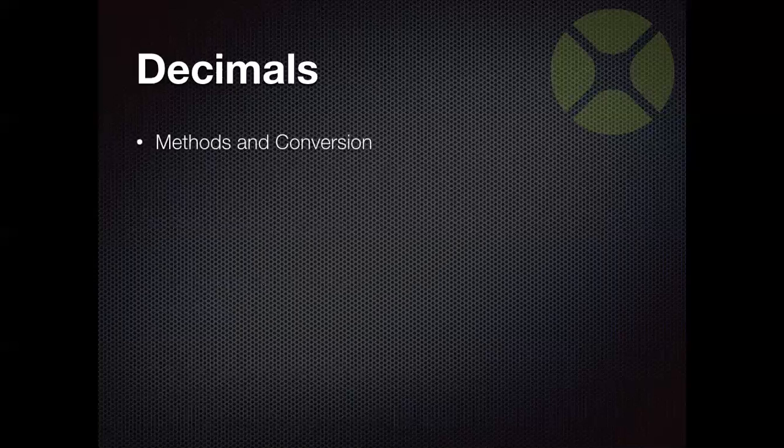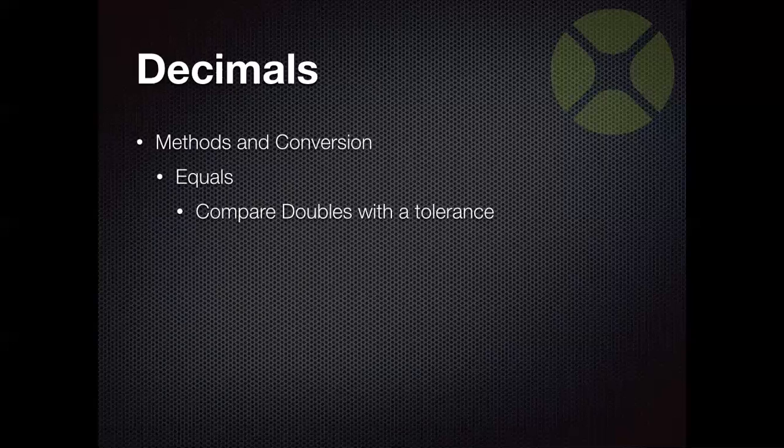All right, just as with the integer stuff, there are some methods and conversion stuff you can do with decimals. When you're dealing with double, the first thing to consider is the equals method. This allows you to compare doubles using a tolerance. Again, this goes back to the way doubles are stored with floating point: using just the equal sign to compare doubles, sometimes you may have two double values that look like they have the same value, but they don't.